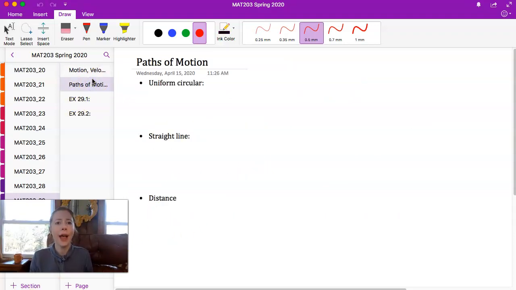Now let's look at paths of motion. One path of motion we can follow is uniform circular motion.